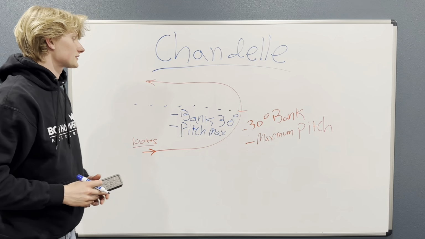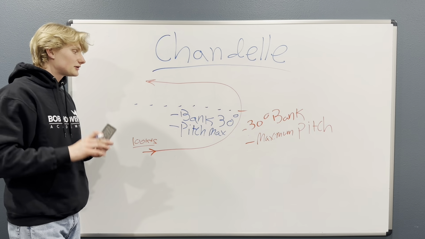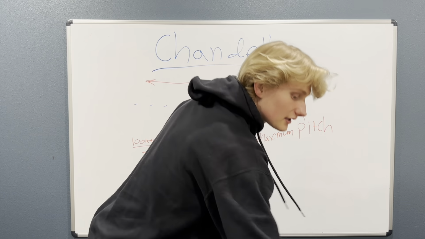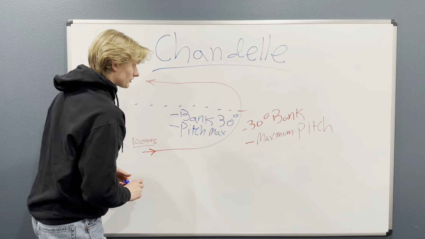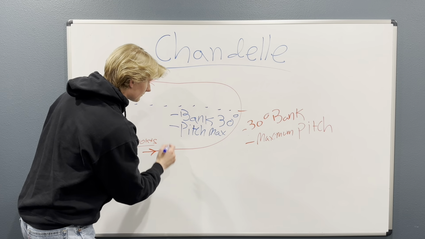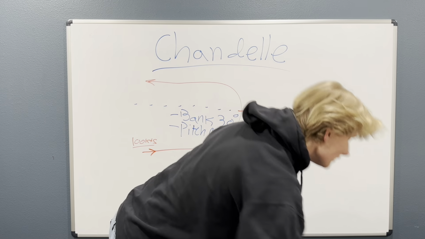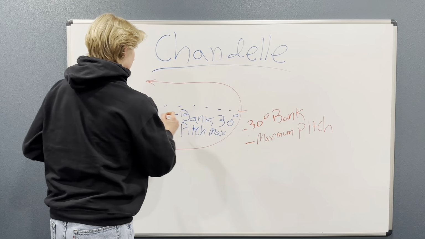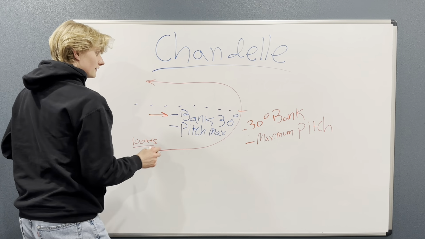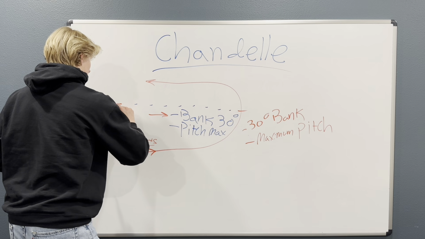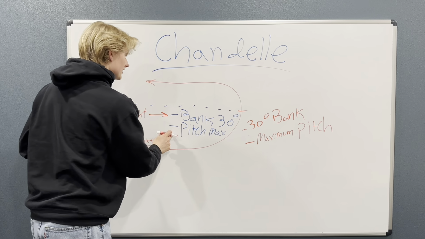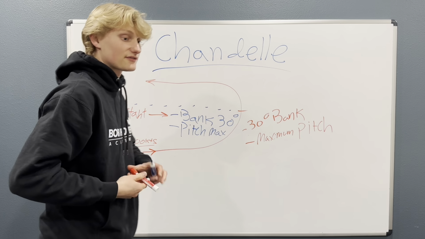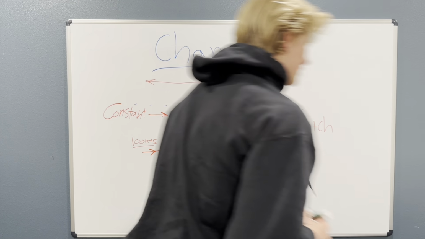So we want to pitch max. However, we're not going to be doing both all the way at the same time. We're going to be banking 30, okay? So number one, we're going to be doing this first. This is going to be constant. And the pitch is going to be changing, all right? I'm going to use a different color. It's going to change.